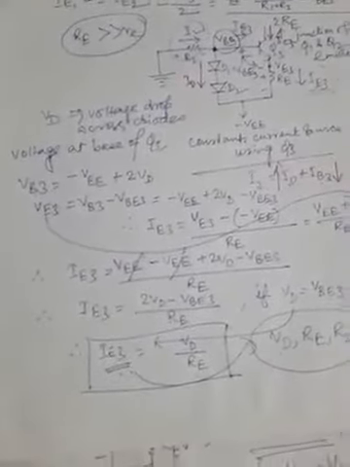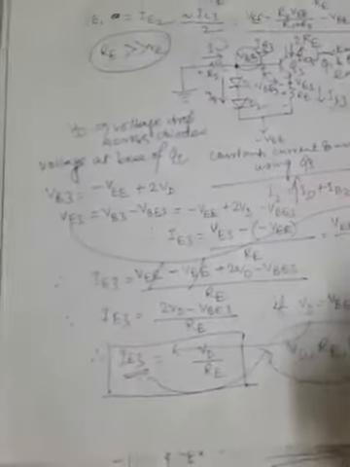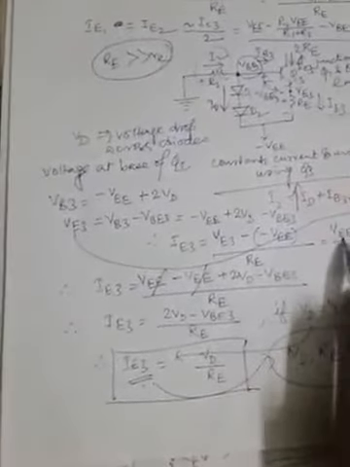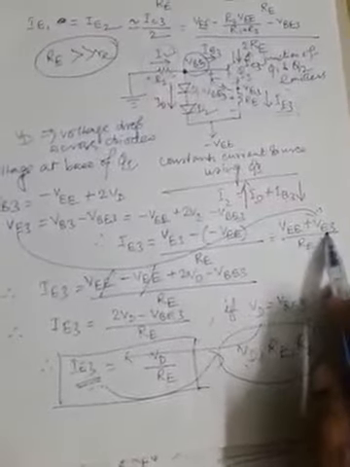From this simple equation, IE3 is known, RE is known from here, and VEE should be given for the differential amplifier, so we can calculate VE3 from there.